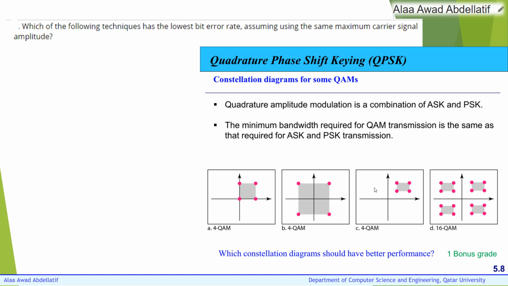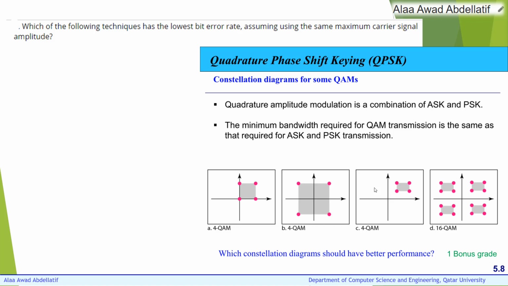So don't get confused between the error and the data rates. Whoever has a large R, multiple points, has the higher data rate.